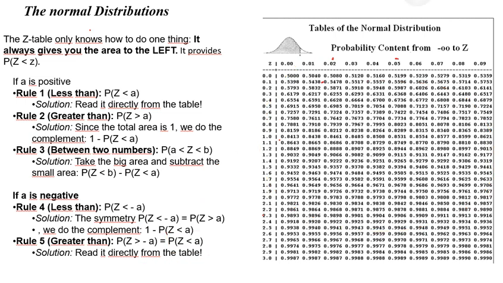So whenever you have P of z greater than a negative number, you can convert it to P of z less than a positive number, and you read it directly in the table. So this is how the normal distribution works, and we will see an example.